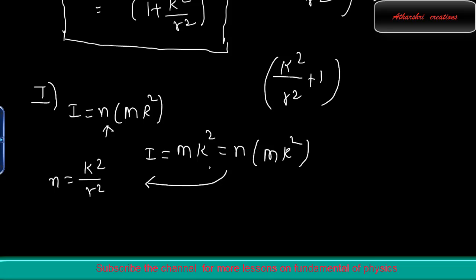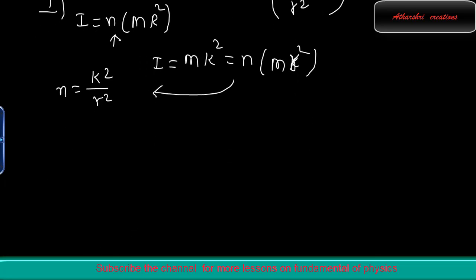K square divided by r square. Now see how this n is determined or plays the important role for the rotational motion of the body.